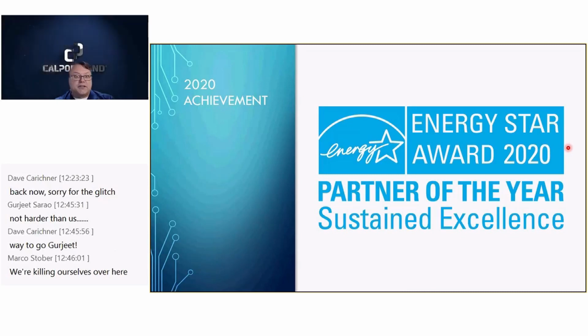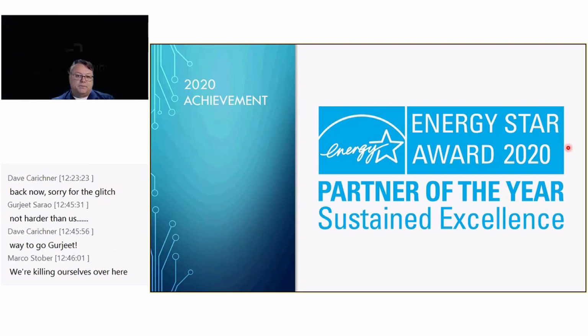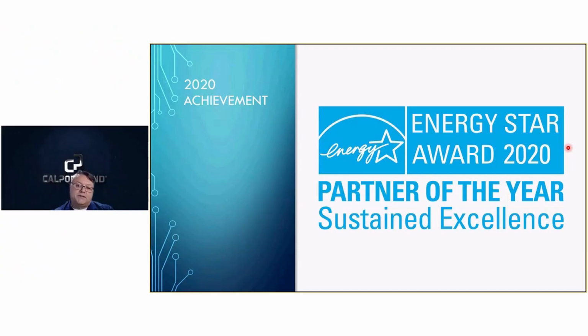There actually is going to be a press release on this on Monday, and the company will be doing a press release. If you're on social media, Facebook or Twitter, please follow us, and then share it so that we can increase the awareness of our program.